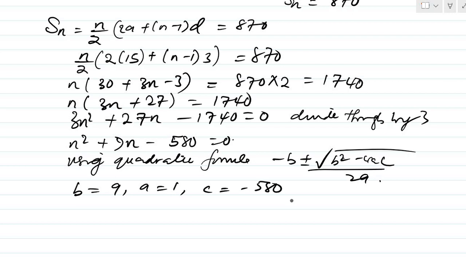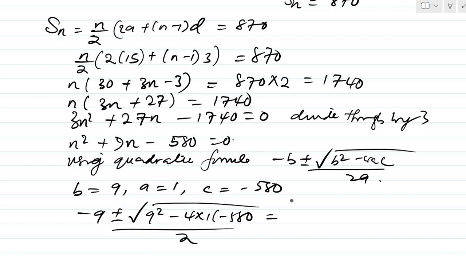And if you substitute that, you can see that n will be minus 9 plus or minus root of 9 squared minus 4 times 1 times minus 580, divided by 2. And this will give you minus 9 plus or minus root of 81 plus 2320 all over 2.